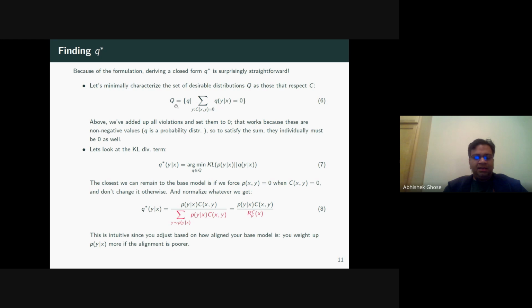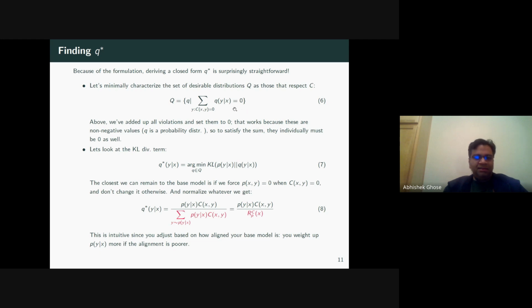So we are now saying that the q distributions that I'm interested in should have this property that all the y's that you can generate given any x should have a weight of 0 if the constraint satisfied value is 0, right? Again, I'm not saying anything very specific about q, but I'm saying that this set capital Q characterizes all the valid distributions that we are willing to consider, right?